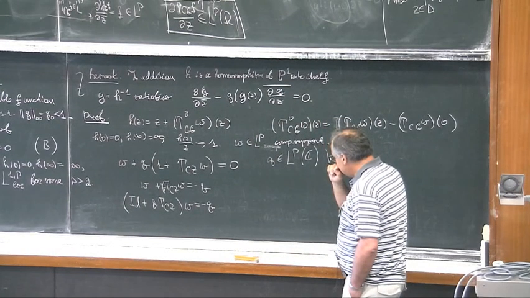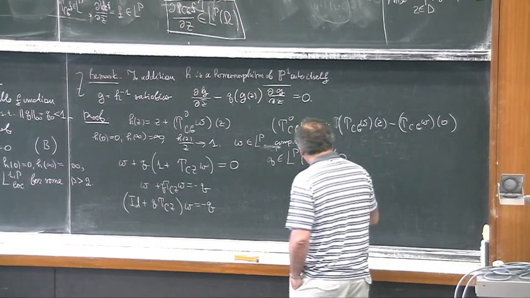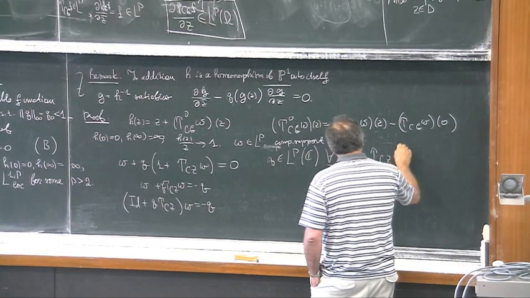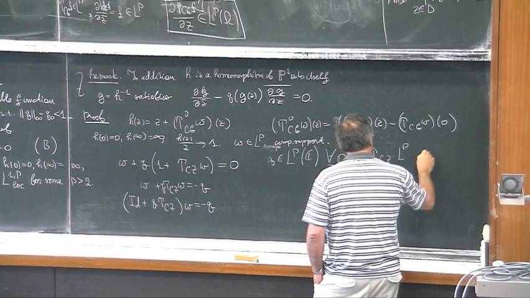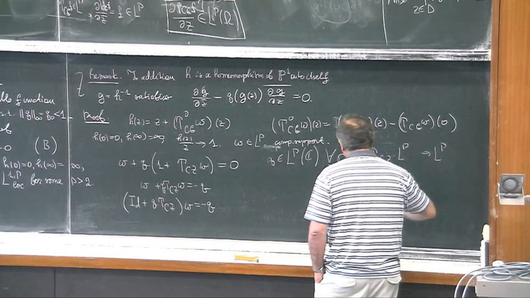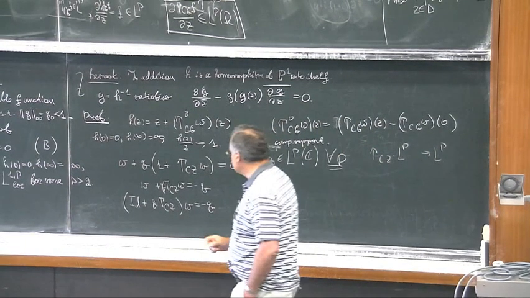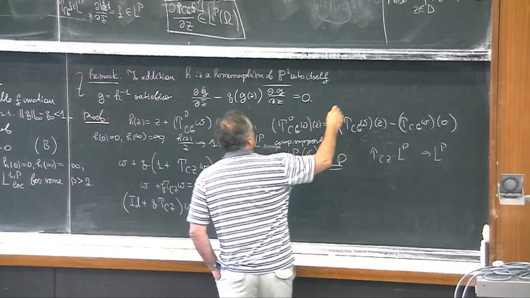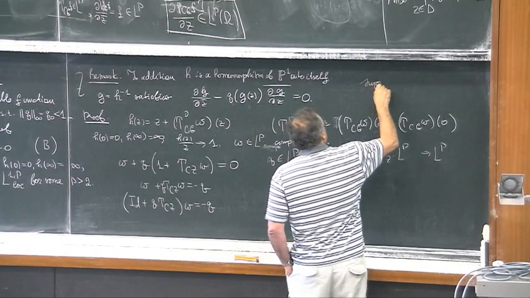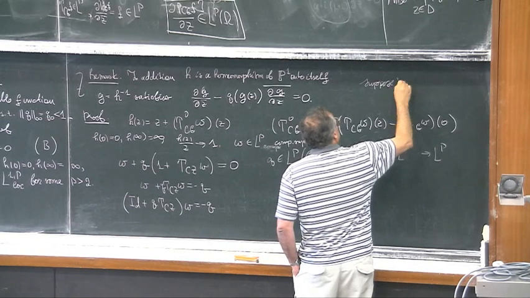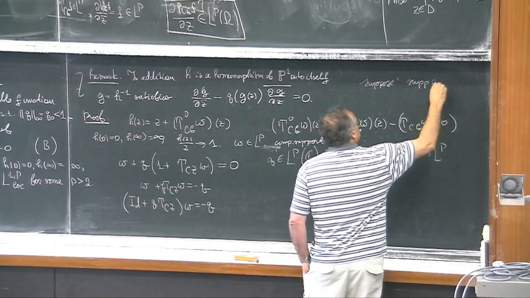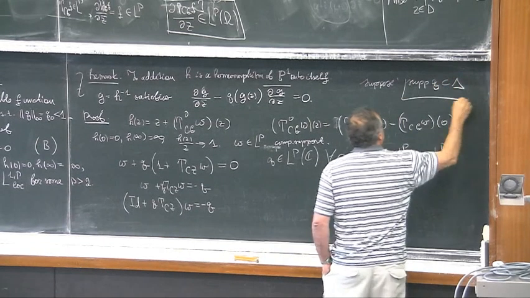Now the Calderon-Zygmund operator acts from LP to LP. Well, we can suppose that the support of q belongs to the unit disk.